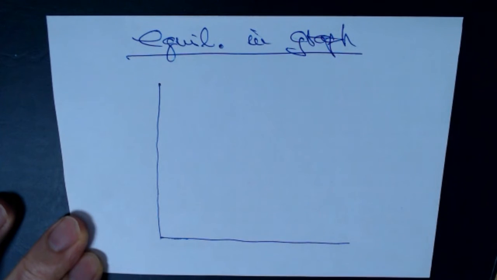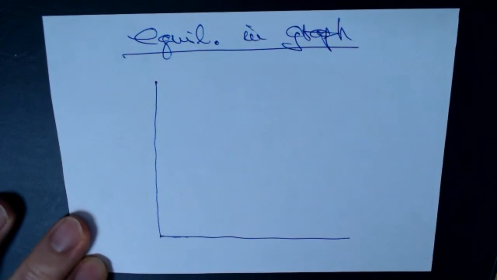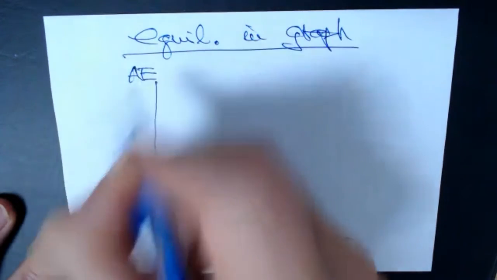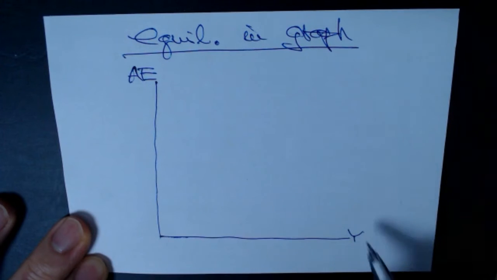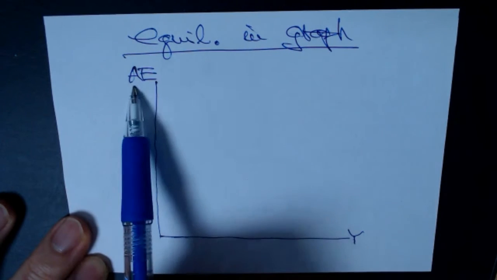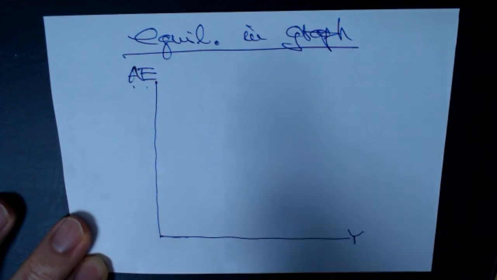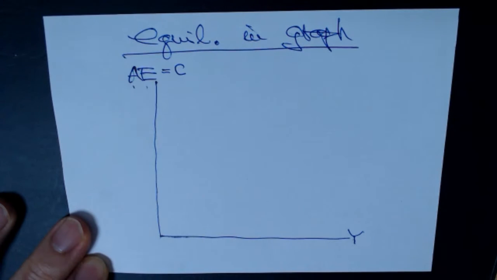You draw a typical two-dimension graph. Vertical axis, AE, aggregate expenditure. Horizontal axis, Y. We are talking about C only, so we have just C. We haven't had I, G, nor NX.